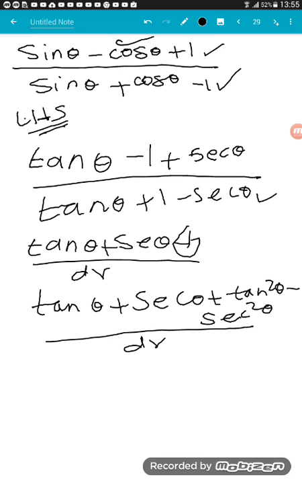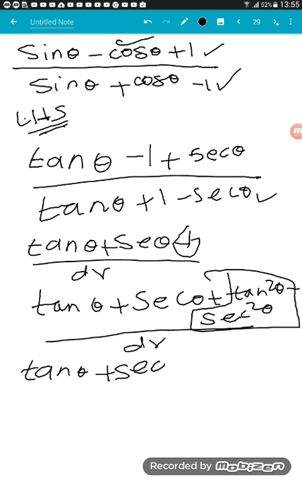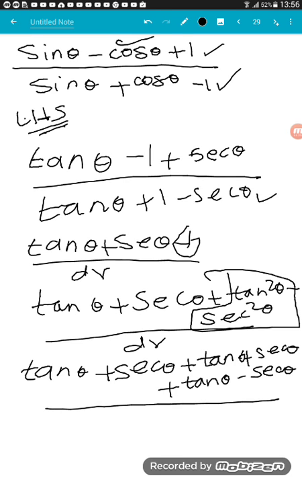Now a square minus b square, we can split into a plus b into a minus b. That is what I am talking about here. So it will be tan theta plus sec theta plus tan theta minus sec theta, a square minus b square equal to a plus b into a minus b, by denominator.